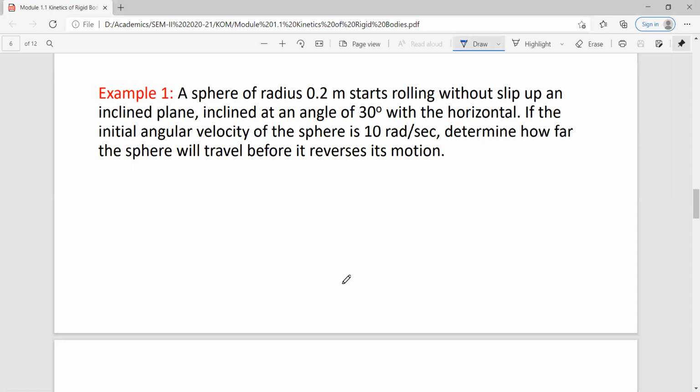There is an inclined plane like this, and say it is your horizontal reference. Now what is given is that the angle of inclination of the inclined plane is 30 degrees. So this angle you can call theta. Theta is equal to 30 degrees.